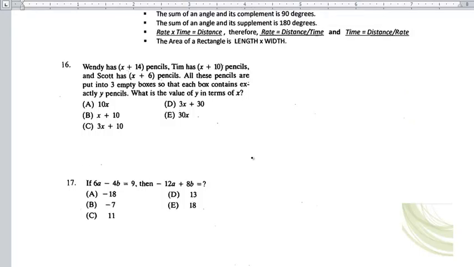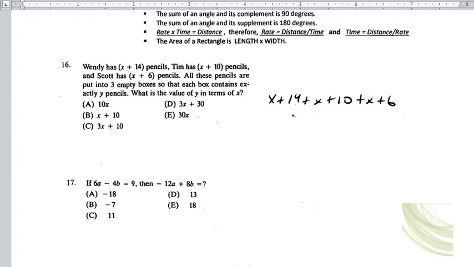Okay, so some more application, one more application, I guess one after that as well. Wendy has x plus 14 pencils, Tim has x plus 10 pencils, and Scott has x plus 6 pencils. All these pencils are put into 3 empty boxes so that each box contains exactly y pencils. So here's the deal, math fans. They all contain the same amount. Okay, they all contain y pencils. So I'm going to write x plus 14 plus x plus 10 plus x plus 6.